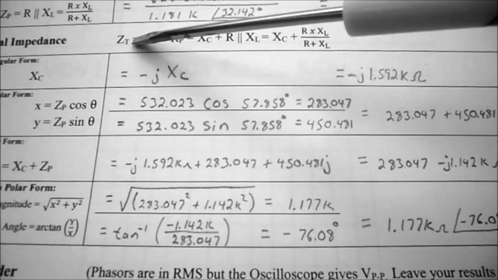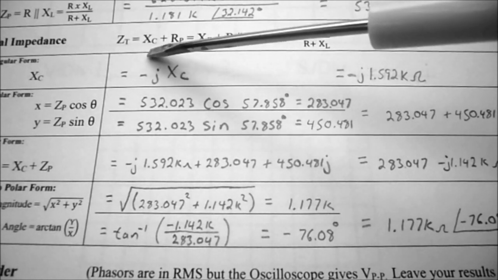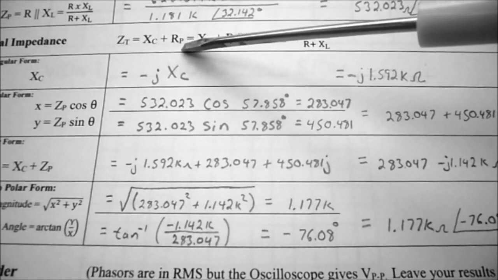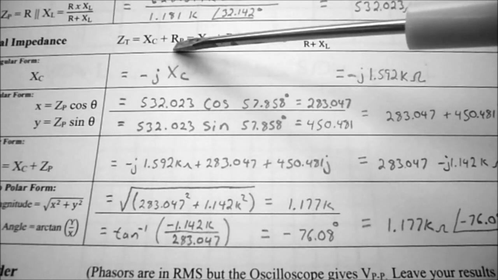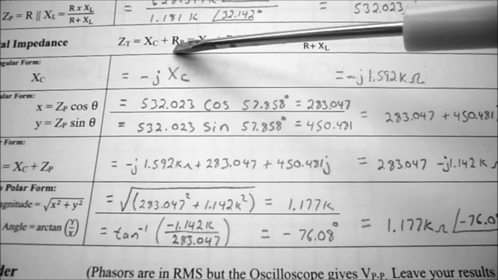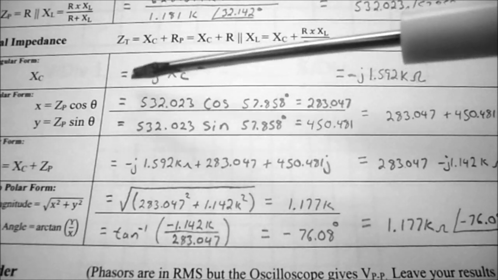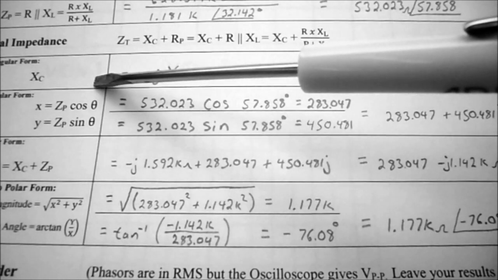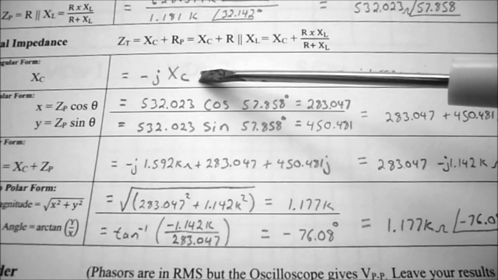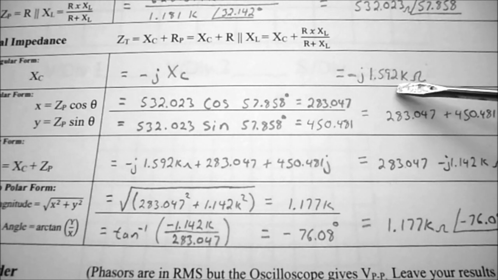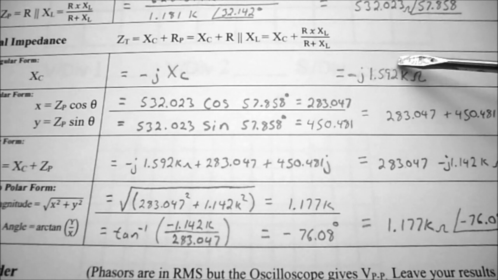So looking at our formula, ZT is equal to XC plus R parallel branch. When we're adding two phase angles together, it's easier to do it in the rectangular form. So our first step is going to be to convert XC to the rectangular form, and that's just minus JXC. So that's minus J 1.592k ohms.